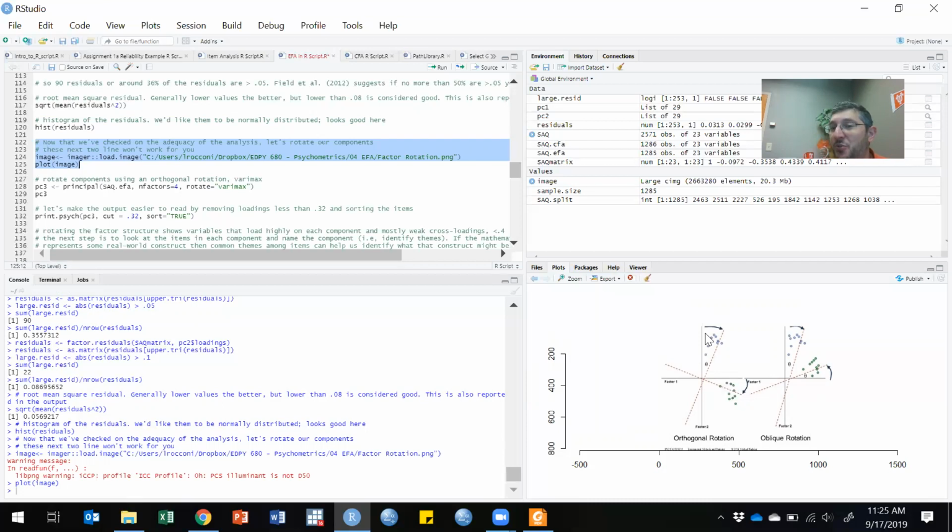If it's an orthogonal rotation, we're tilting the same angle so that the factors are orthogonal, or independent of each other.